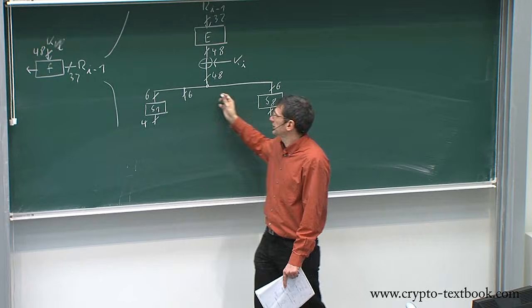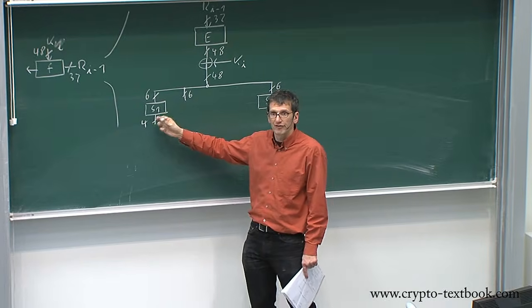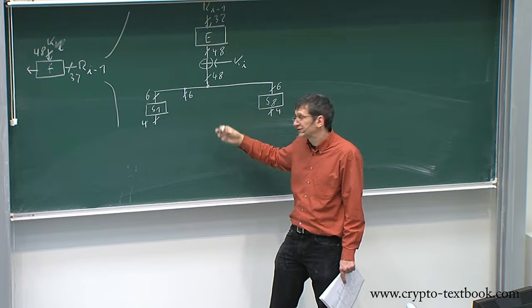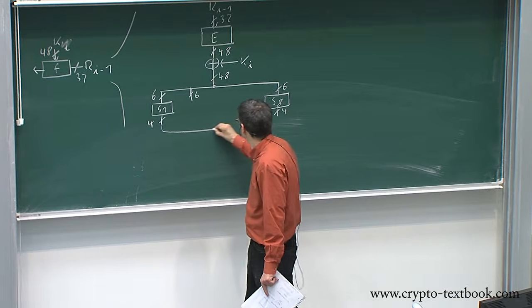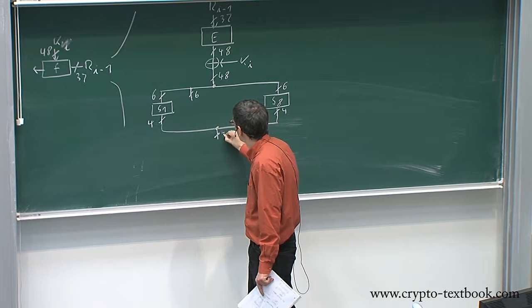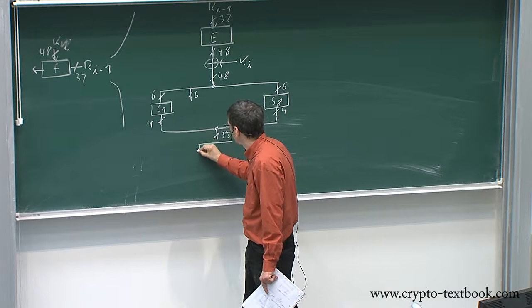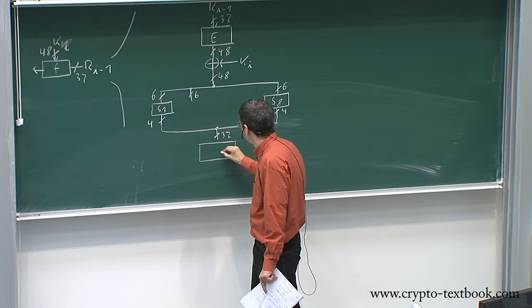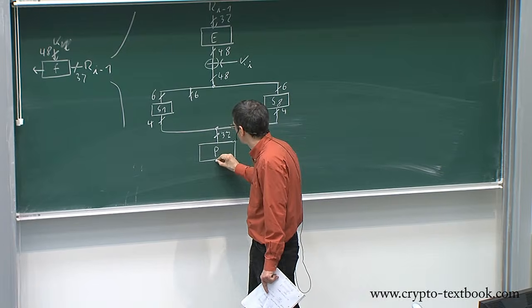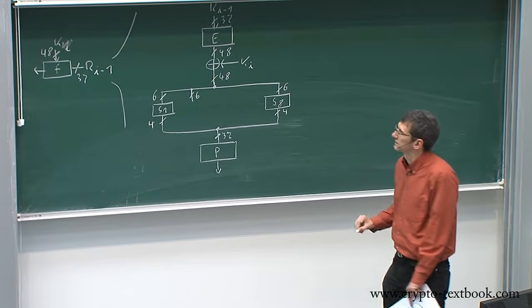We go in with 48 bits, but after this replacement operation, you have 4 plus 4 plus 4 plus 4, 32 bits here. And what you do here is just a plain old bit permutation, which is called the permutation P, and that's the output here.